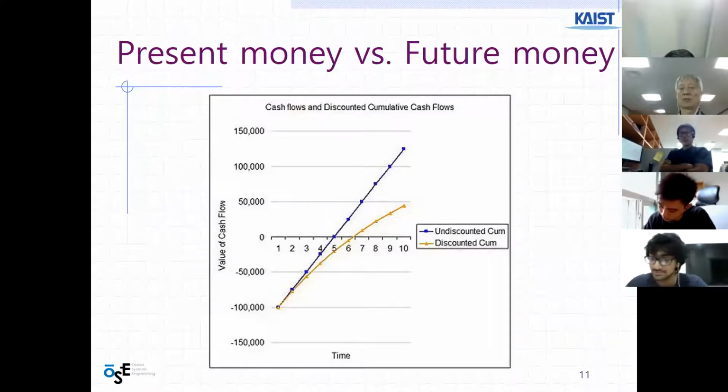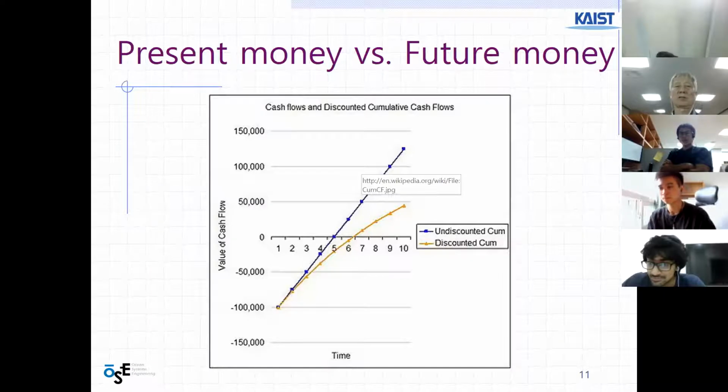You recover your starting investment money. After that, you can have a profit out of your investment. That is the calculation. We need to have present money and future money.